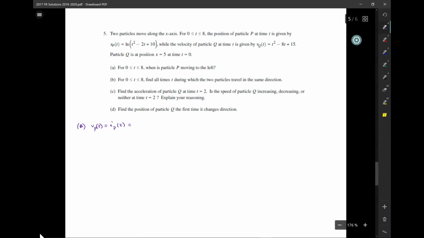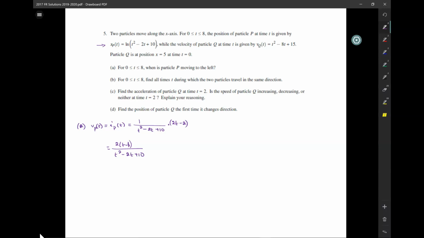The derivative of x of t is an ln, so it's going to be 1 over t squared minus 2t plus 10 times the derivative, 2t minus 2. When you factor, this is 2 times t minus 1 over t squared minus 2t plus 10.